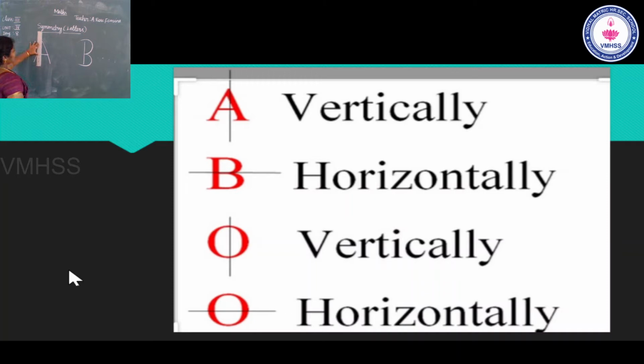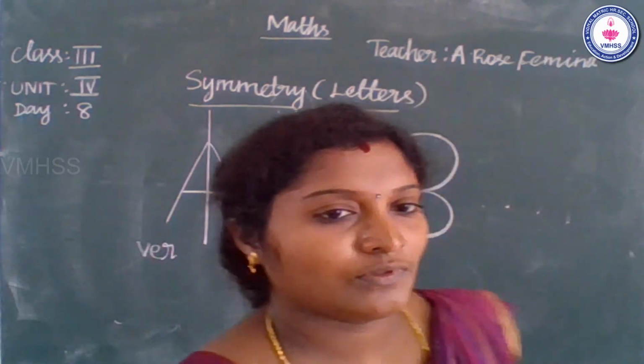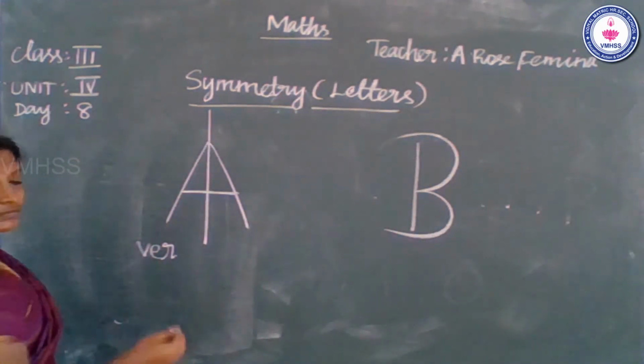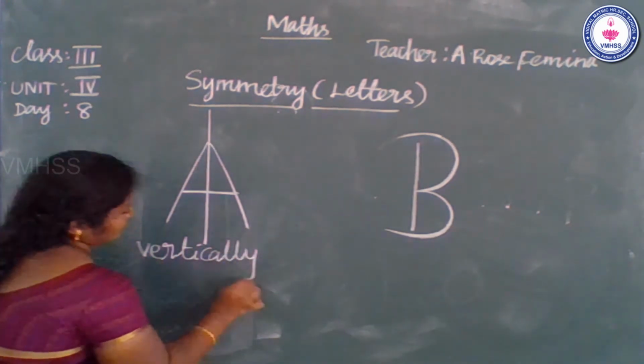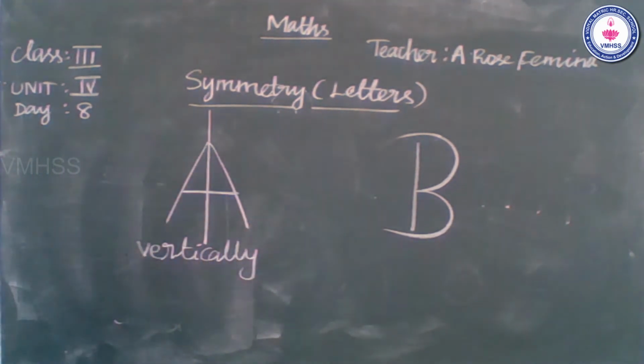Take a ruler and a pencil, and we divide it with a line. So this is vertical. What is the symmetric mark? Vertically. See the board mark. This one is vertically symmetric.